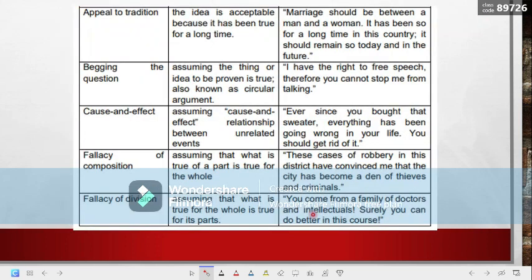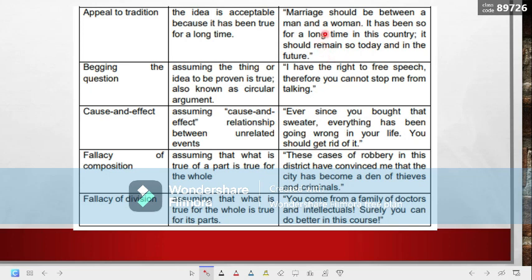Okay, let's proceed. We have appeal to tradition, characterized by the idea is acceptable because it has been true for a long time. Like, marriage should be between a man and a woman. It has been so for a long time in this country. It should remain so today and in the future. Okay?